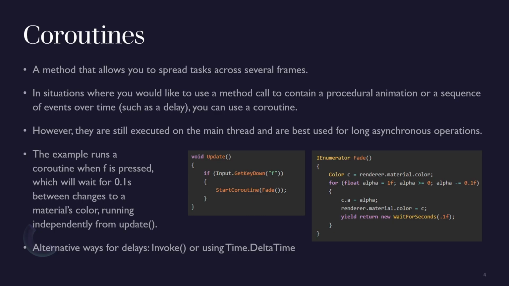Now, as you can see, this is a fairly cumbersome way to implement this. There are other ways to do this. For instance, you could use Time.deltaTime and just set a variable at a frame and then keep adding Time.deltaTime to another variable. If it goes over a certain number, you know that you have waited a certain amount of time, so then you can say, all right, now we can execute something.